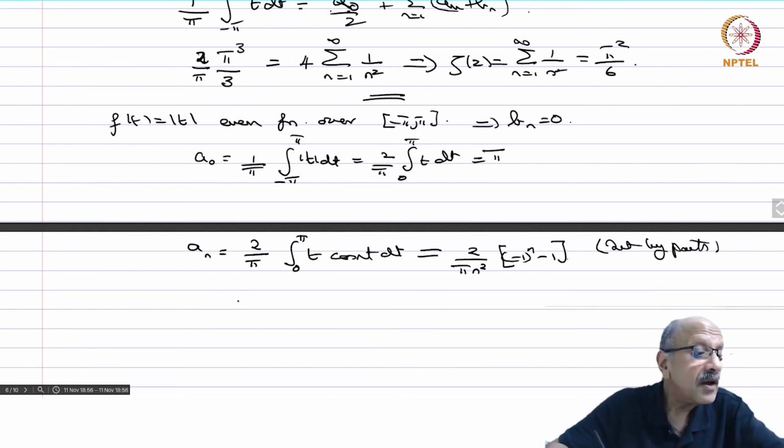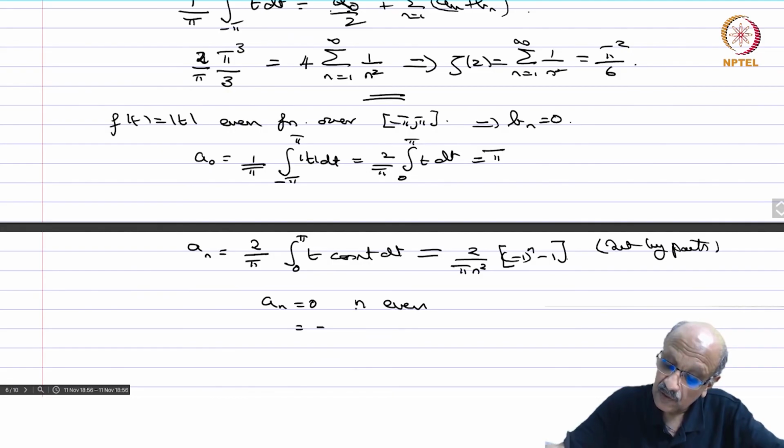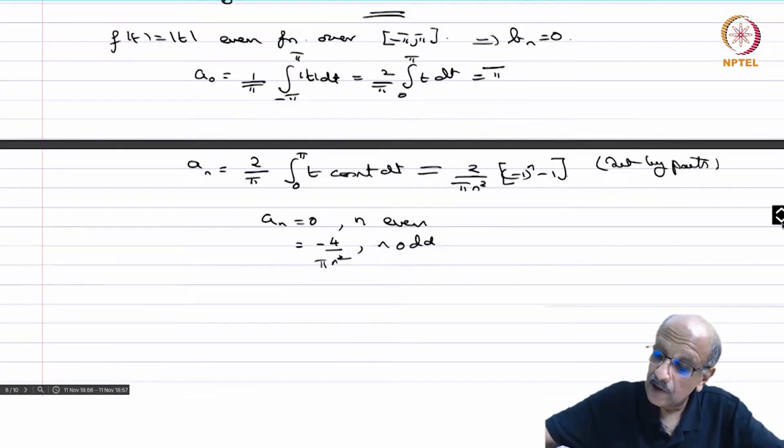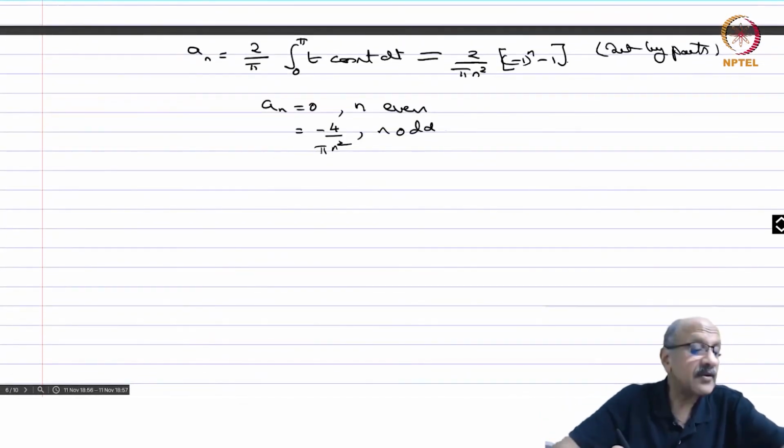So you have that a_n is 0 if n is even, and if n is odd, this will give you minus 4 by pi n squared. Only the odd a_n's are surviving, all the rest are 0.